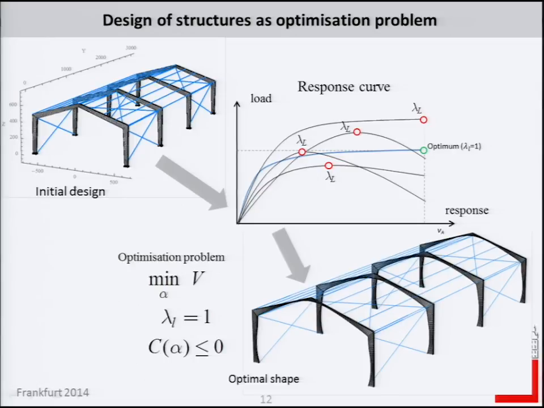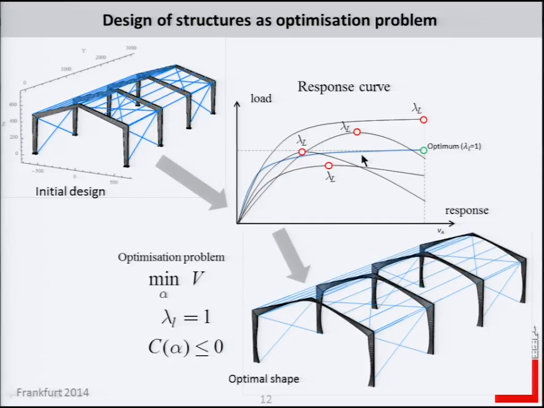the x-axis. And the response curves are always nonlinear, because eventually the material gives up, it gets plastic, the cracks evolve, there might be instabilities. So we get some nonlinear responses, and by changing the design, we get different nonlinear responses.